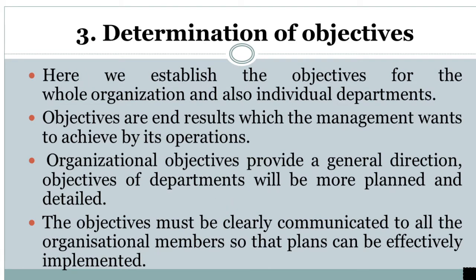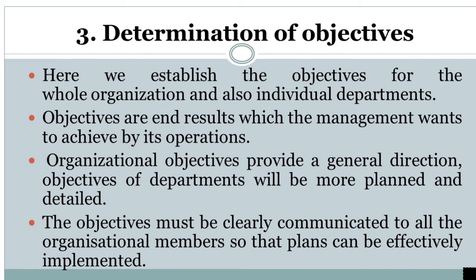Now in the third step, the core concept of planning arises, that is the determination of objectives. Here we establish the objectives for the whole organization and also the individual departments. These objectives are the end result of the planning. That is, at the end of the planning, we have to obtain these objectives.